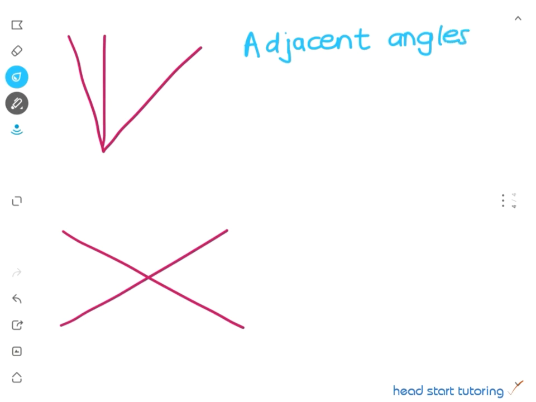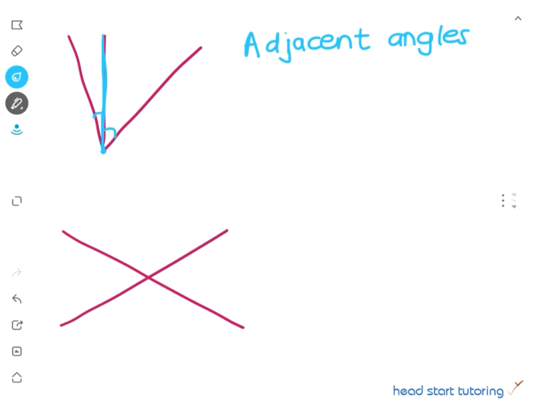Right, adjacent angles are angles that share a common side. So there's a common side and a common vertex, which means a point there. Those three lines join at that center point, which is called a vertex. So because there is our common side, there are our two adjacent angles.